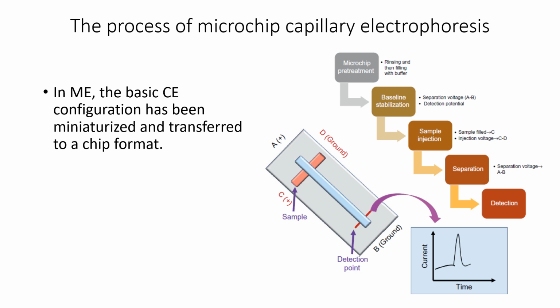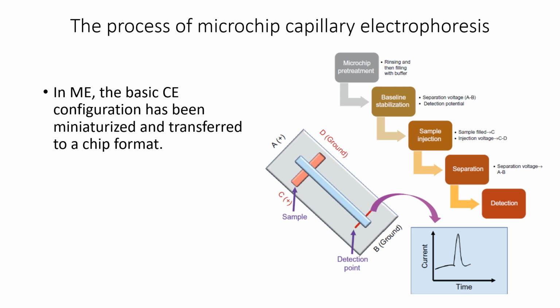And here is the example of microchip capillary electrophoresis. Basically, this microchip capillary electrophoresis is a miniaturized form of a conventional CE. In the microchip CE, the basic CE configuration has been miniaturized and transferred to a chip format.